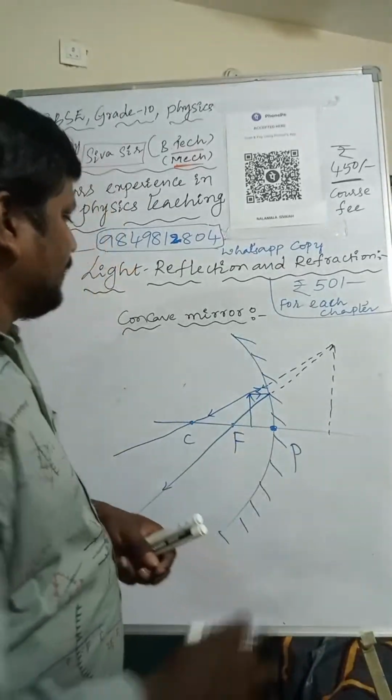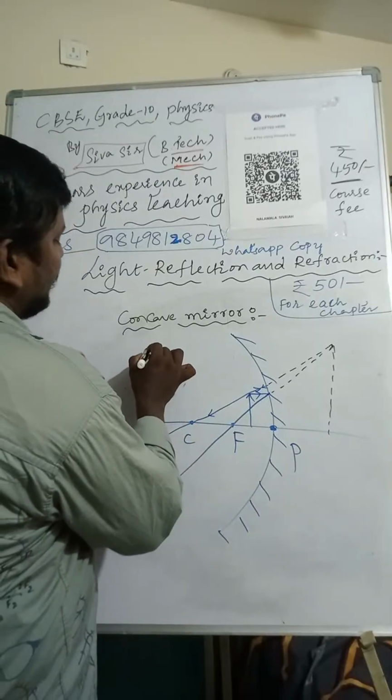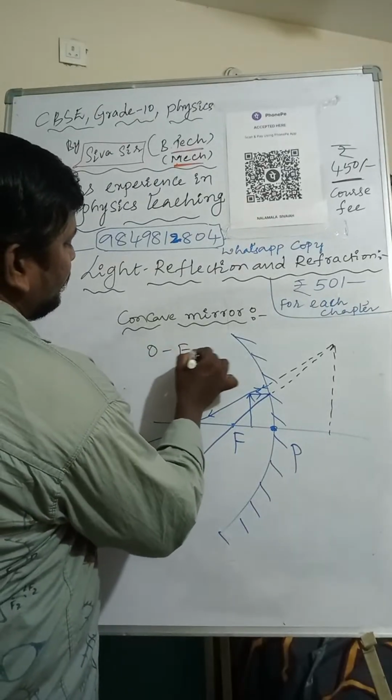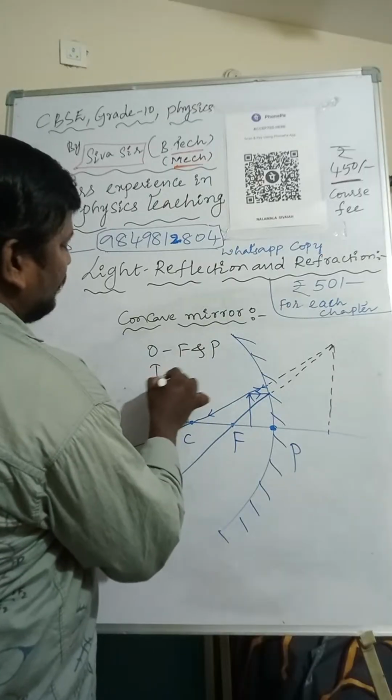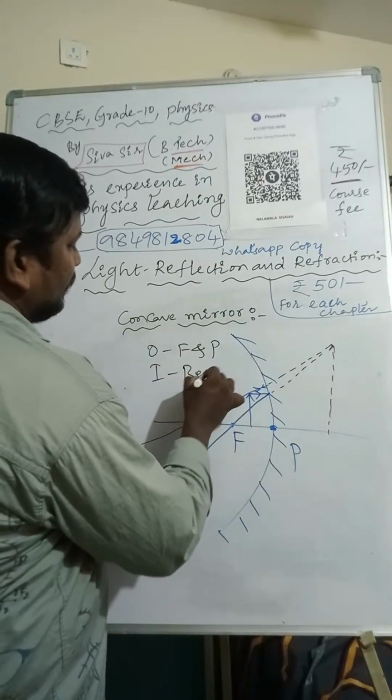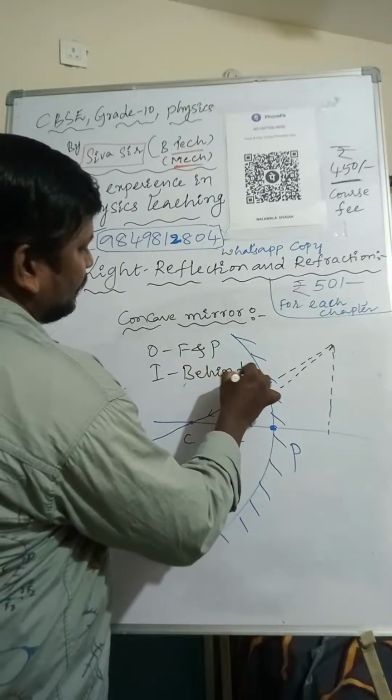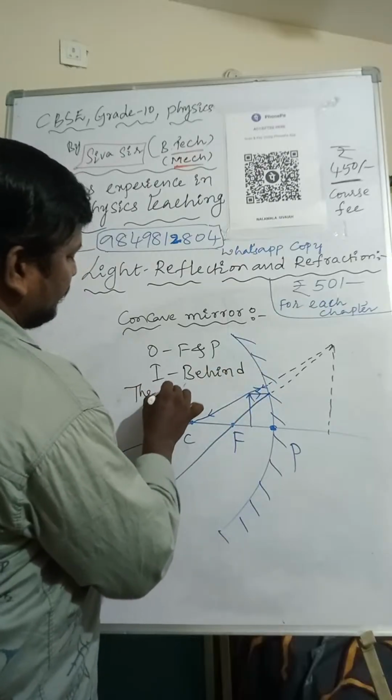So what is the nature of the image? The object is placed between F and P. The image will form behind the mirror.